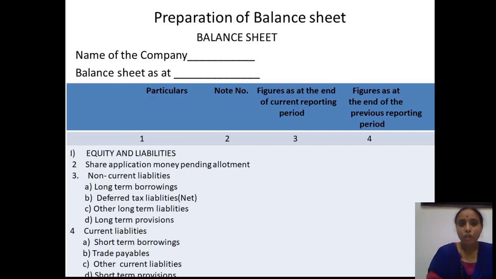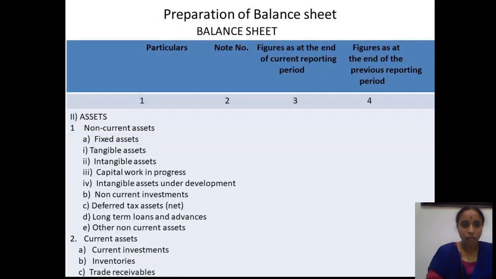If any short-term loans are taken, you are going to take them in the current liabilities. Short-term provisions are also to be included under the current liabilities.